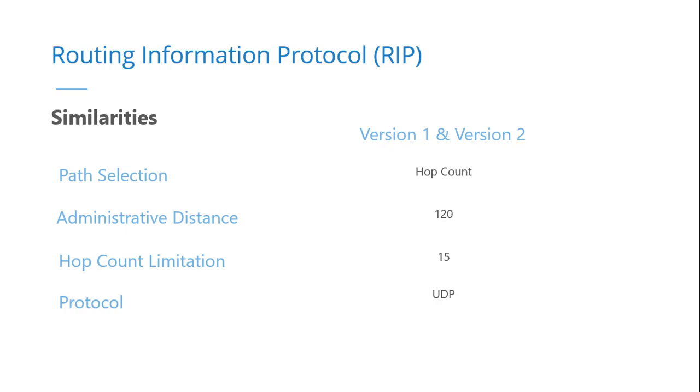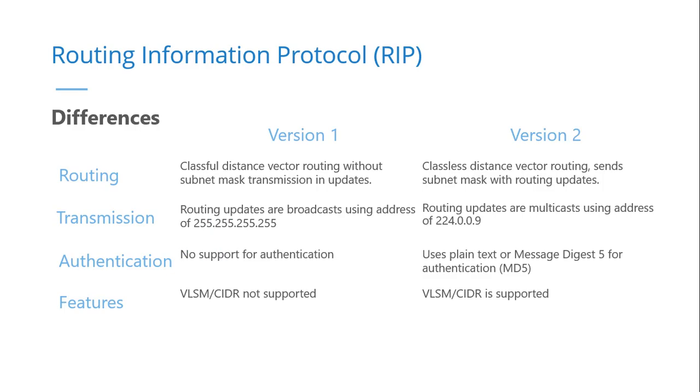What about the differences? The main difference of version 1 and version 2 RIP is in its routing. Version 1 is classful, version 2 is classless. In classful distance vector routing, it only uses 2. A while ago when I mentioned classless, I actually made a mistake.